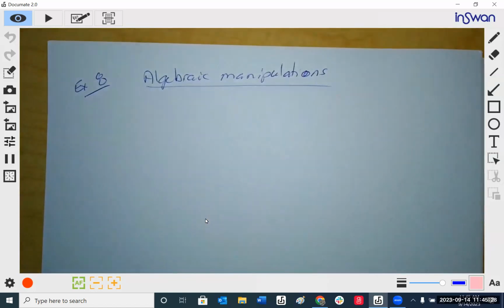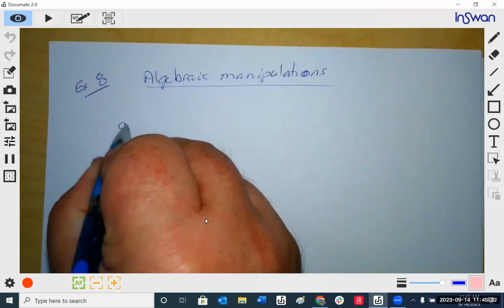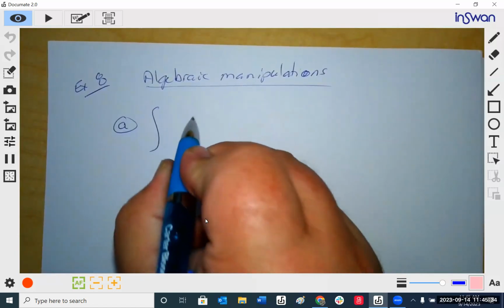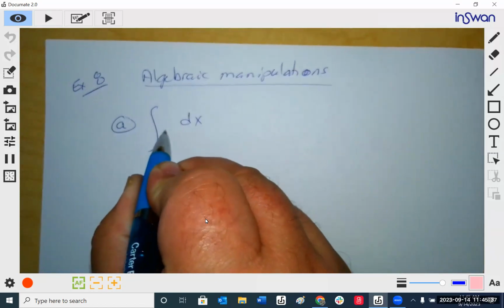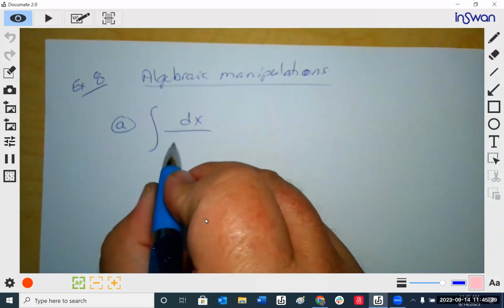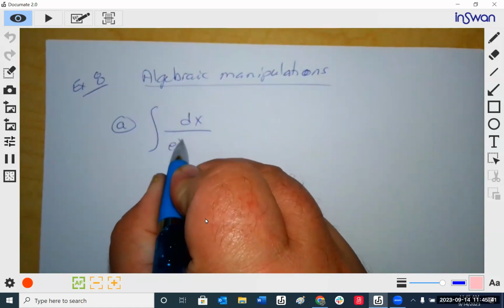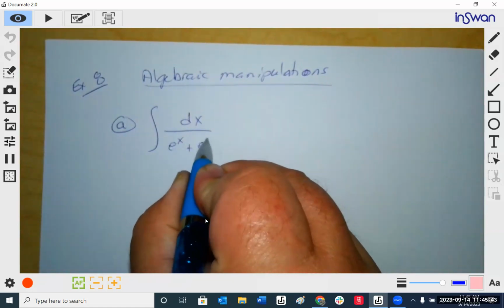You may have to do some algebraic manipulations to solve your equation. For example, the integral of dx over e to the power x plus e to the negative x.